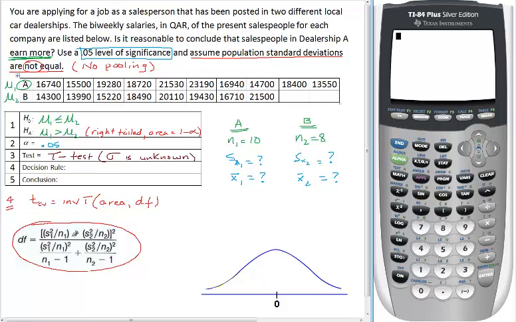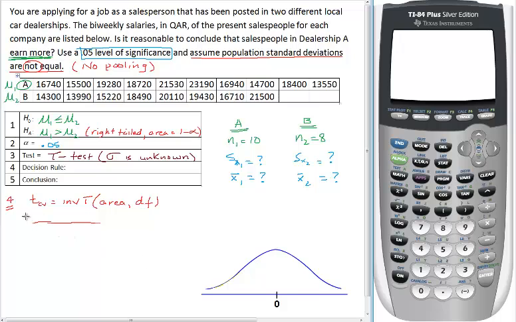However, the calculator doesn't do it until you run step 5, actually run the t-test. So I'm going to skip this for a second. When you're not pooling the data, do step 5 first and go back and do step 4. So I'm jumping over to step 5, and you'll see why in a second.